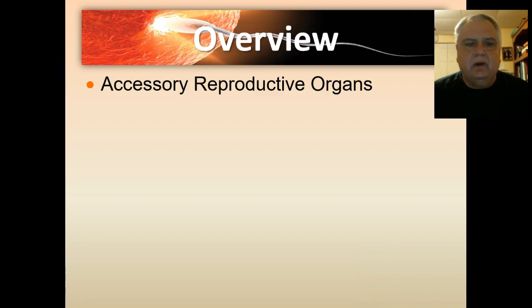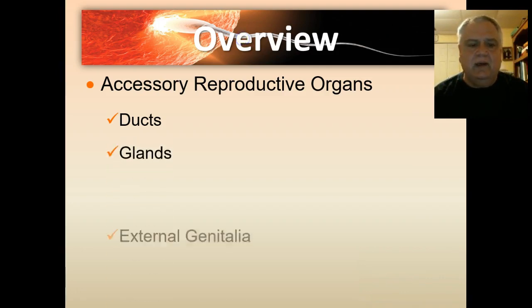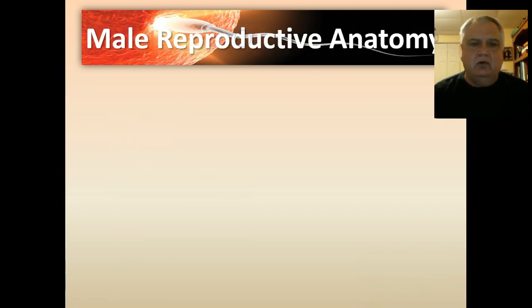Next up, the reproductive system not only is composed of the gonads, but there are also accessory reproductive organs that we can talk about. These accessory reproductive organs include ducts, glands, and external genitalia. We'll be taking a look at these from the male reproductive anatomy standpoint first, and from the female reproductive anatomy a little later in part 2 of our screencast.